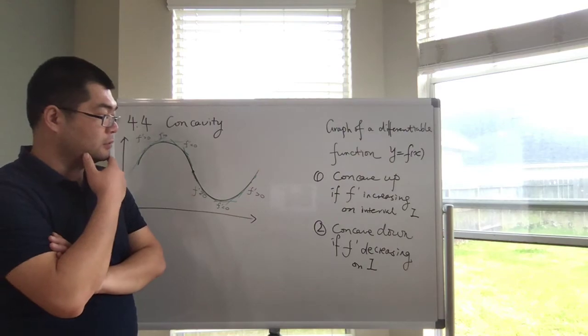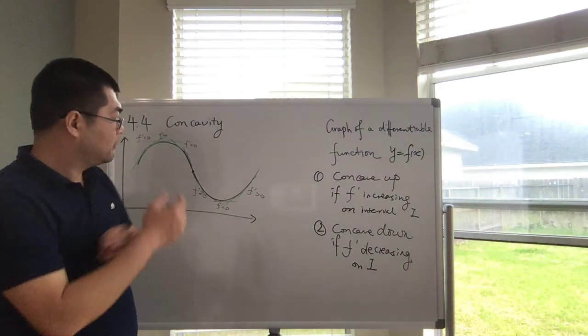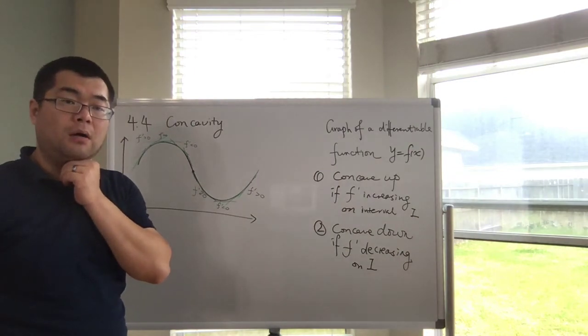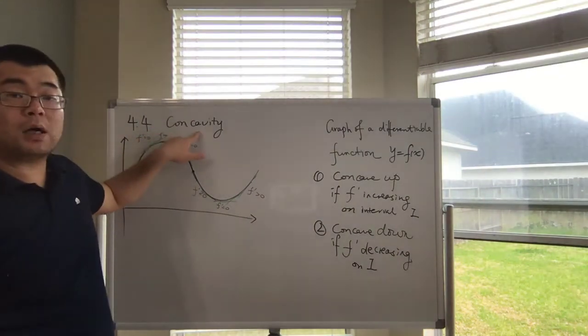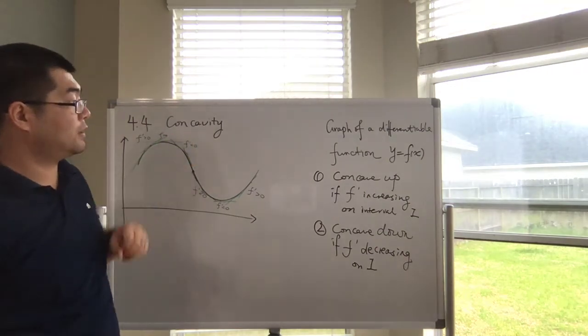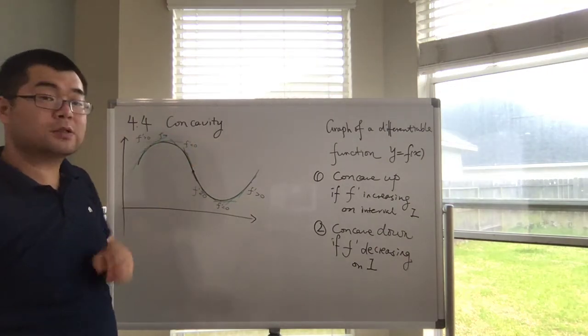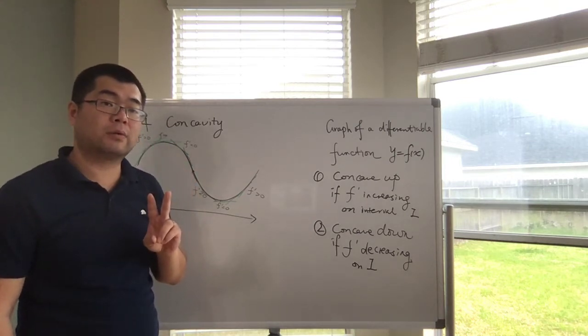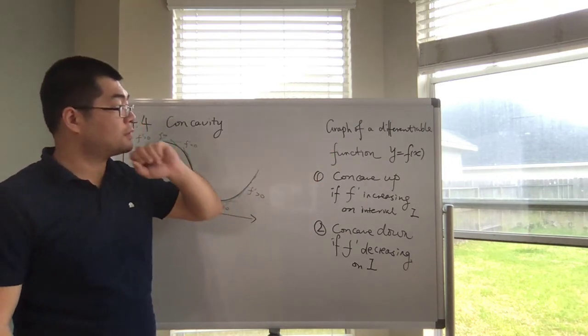And we do have a name for those two different behaviors, which is called concavity. More specifically, we're going to put them into 2 categories, and this is our summary.